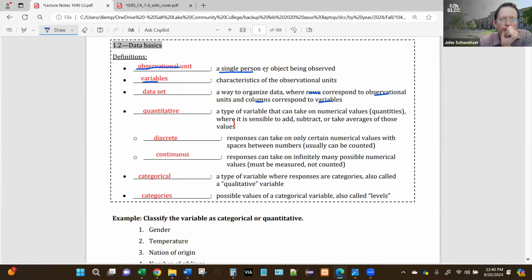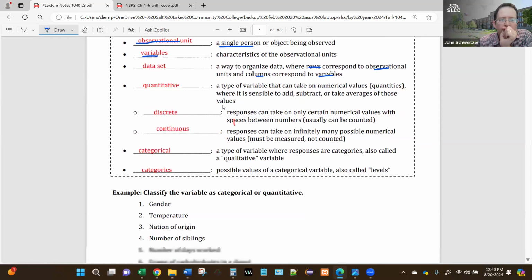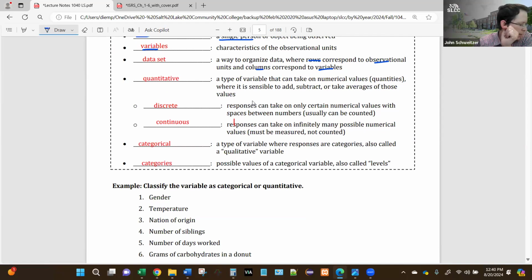Okay. Then we have a 2-part classification for data. So broadly speaking, data can be quantitative or it can be categorical.